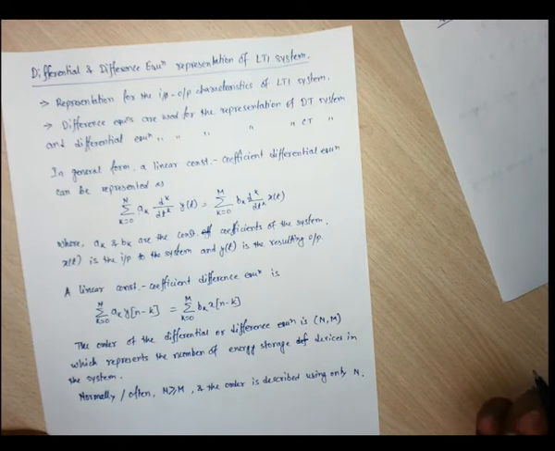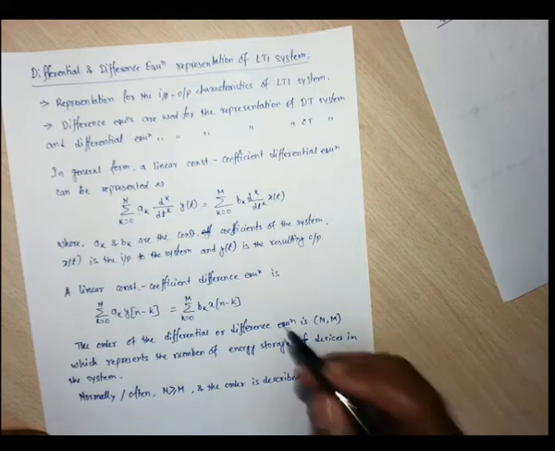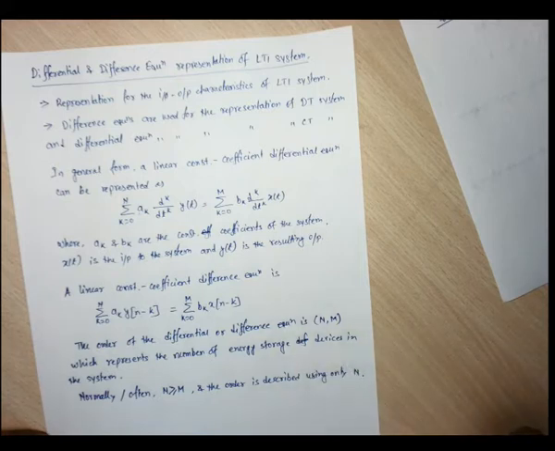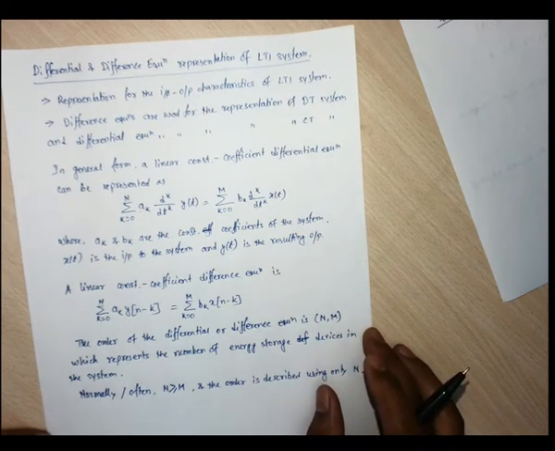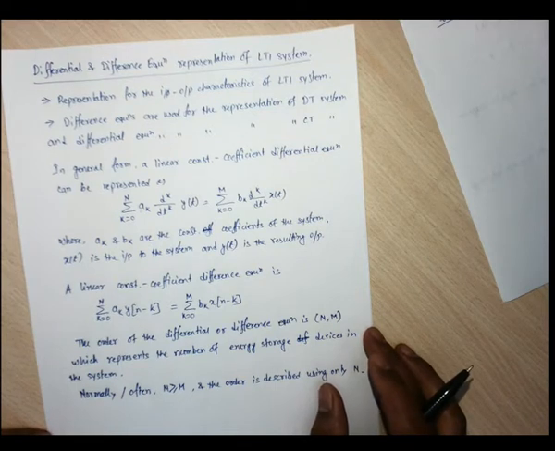So when an input is given to a system, the energy storage devices connected with the output must be greater than or equal to the energy storage devices on the input side.